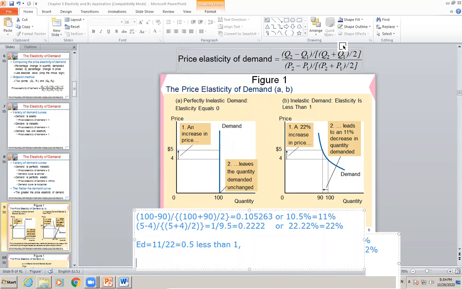Okay, do you have any questions on how to calculate elasticity here? If you have any questions, ask me. I will calculate for elasticity here as well. This is for inelastic, but for elasticity as well, I'm going to calculate so that we can understand it better.